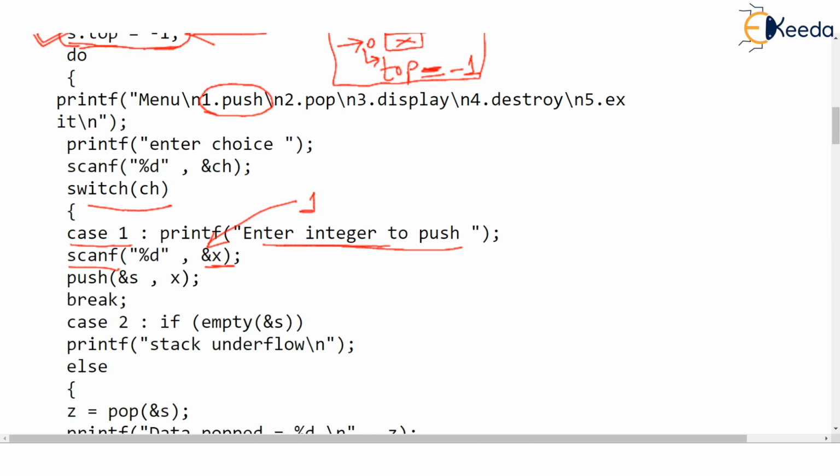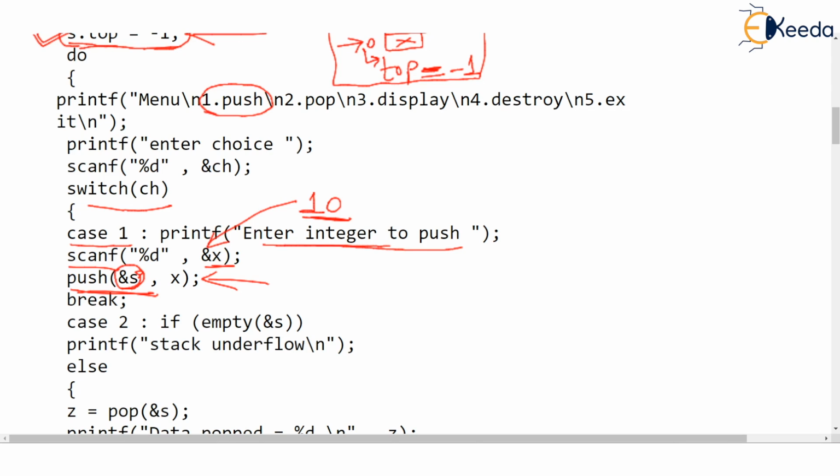So let's say 10 is entered by the user. Our plan is to push this value 10 in the stack, and here goes the call. This is the call to push. So main is invoking the push function, but notice it has sent the address of that big box.